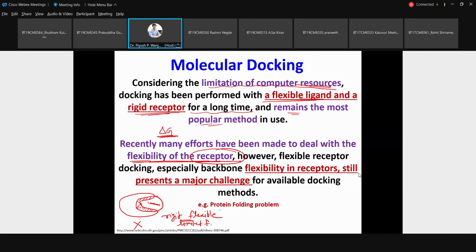If you go into the details, if you are interested in some computational stuff, you can read about something called the protein folding problem. This folding problem is studied a lot by very big universities like MIT and Stanford. There is a group of Dr. Vijay Pandey at Stanford University, if you are interested in these kinds of things.